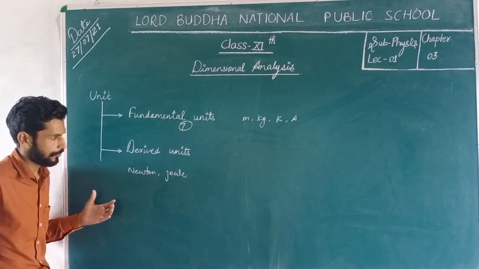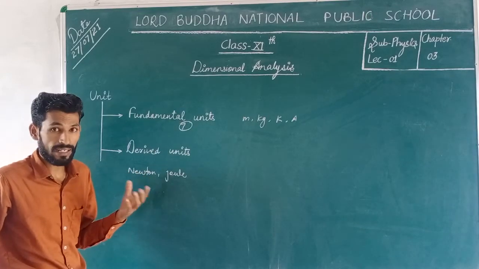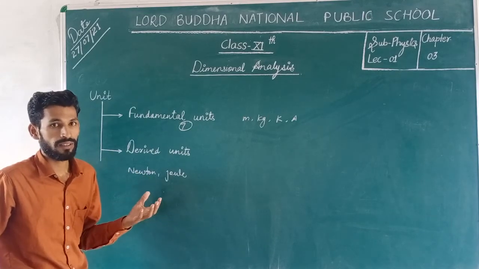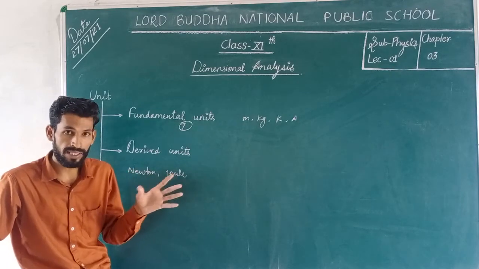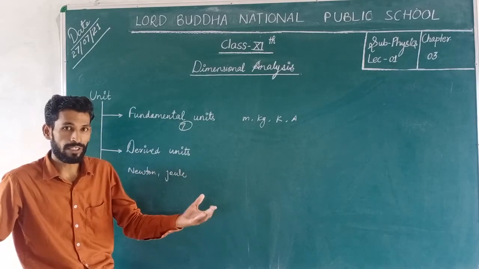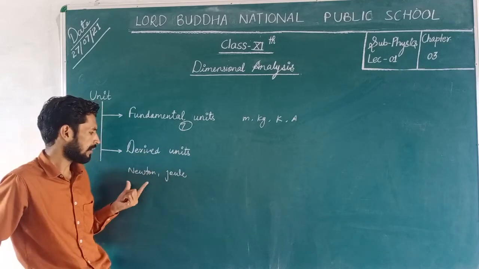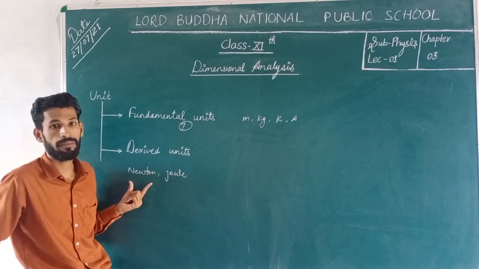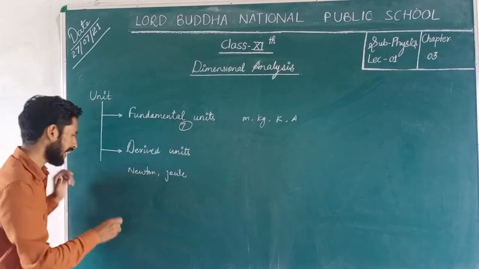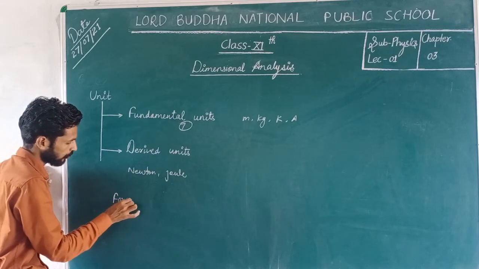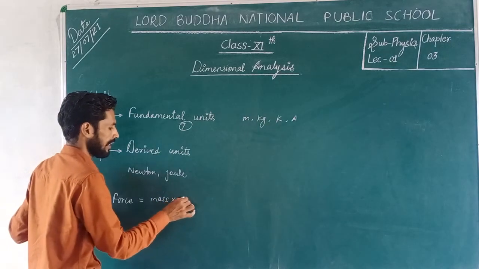For example, for the density, if we are writing the unit of density, then we will write here kilogram per meter cube. That will be in the terms of fundamental units, because meter is a fundamental unit and kilogram is also a fundamental unit, but the Newton is a derived unit, because Newton is the unit of force, and we know that force equals mass into acceleration.